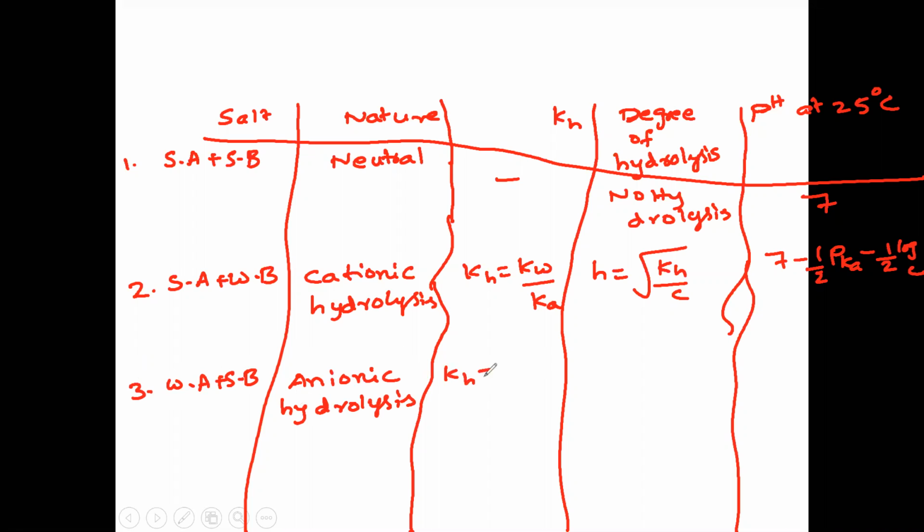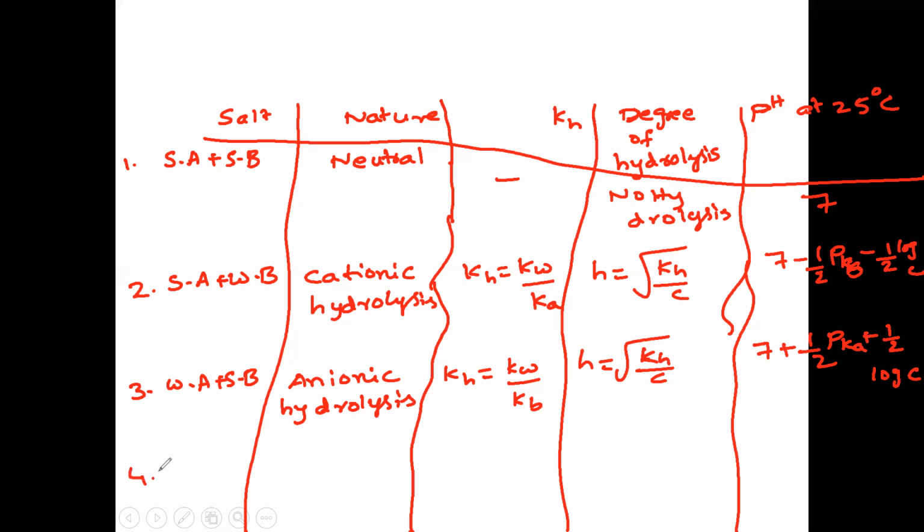So KH is equal to Kw by Kb, and h is equal to root of KH by C. And how to calculate pH? 7 plus half pKa plus half log C. Here this is pKb, and this is half pKa plus half log C, 1 by 2 log C.